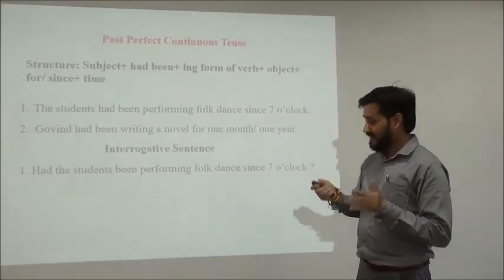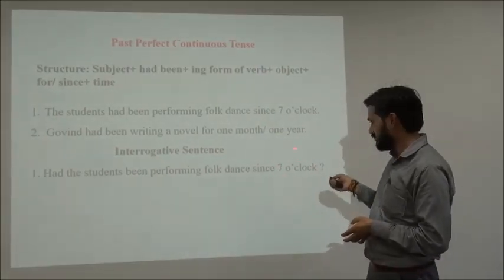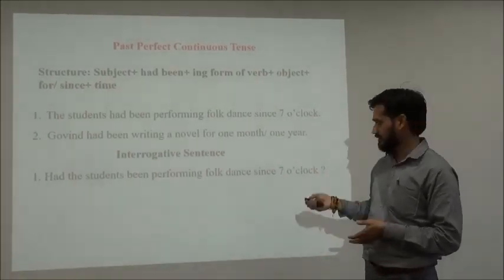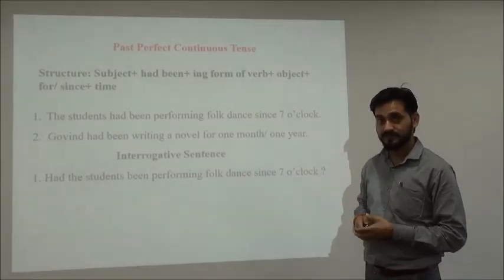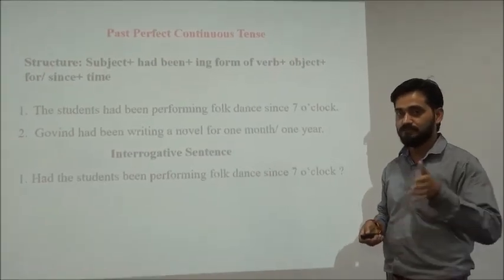Suppose that instead of 7 o'clock, if there is 1 month, 2 months, 4 hours, shall you put since? No, we have to put for, because this is a period of time.